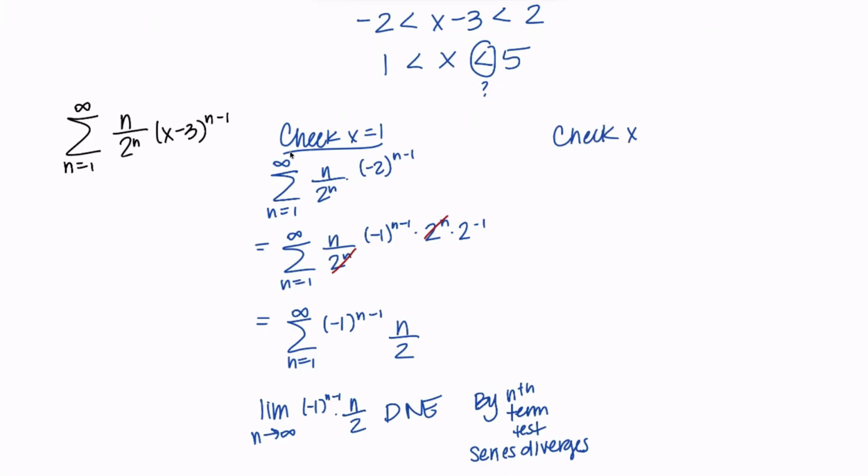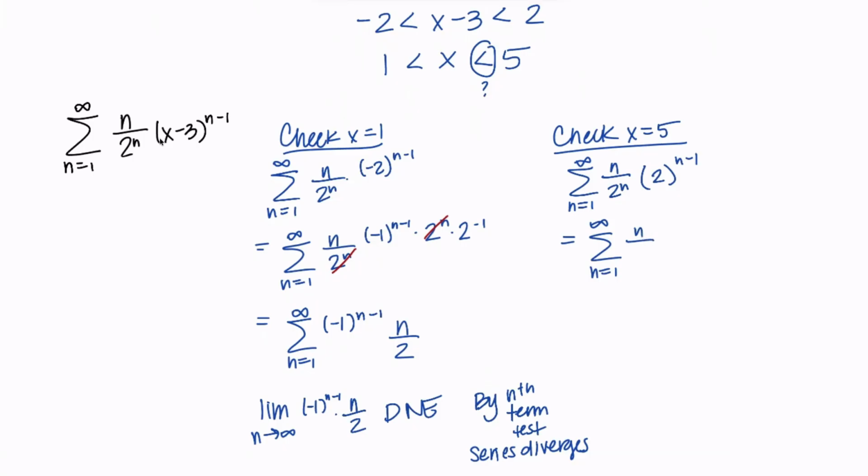Check x equals 5. So I'm going to plug 5 into this x right here and then see what happens. So I'm going to have the sum of n equals 1 to infinity of n over 2 to the n, and then we're going to have 2 to the n minus 1. And it's actually going to give us the same result.